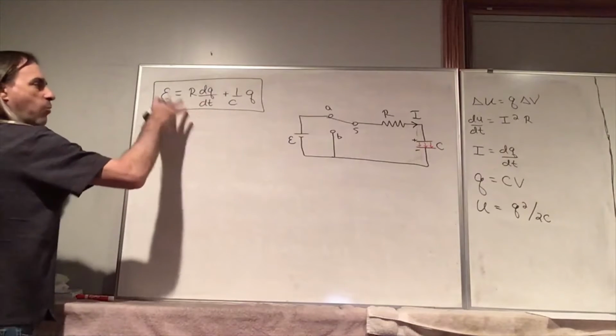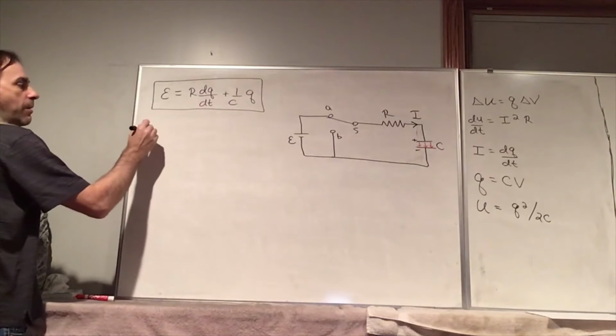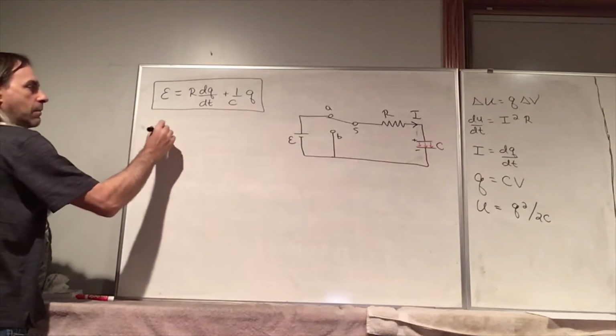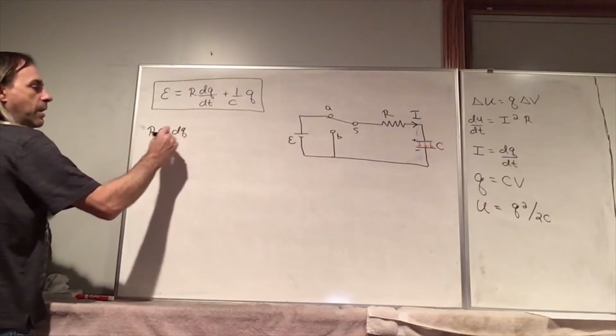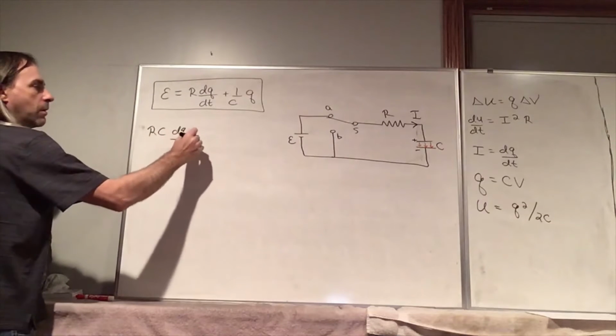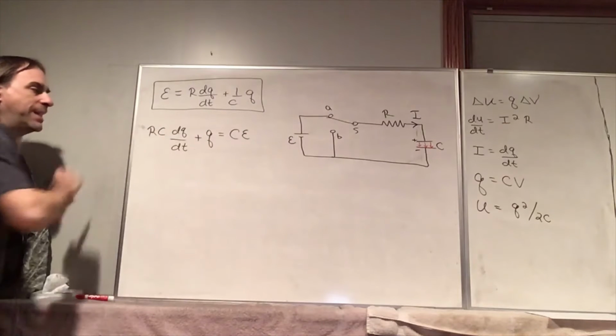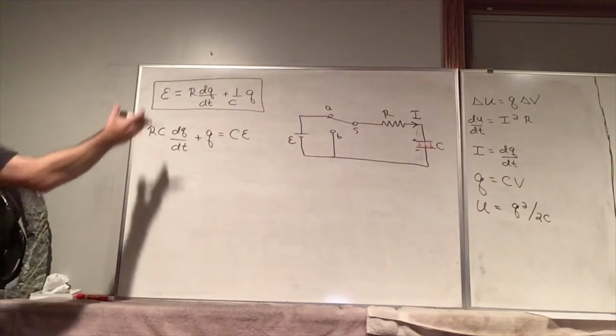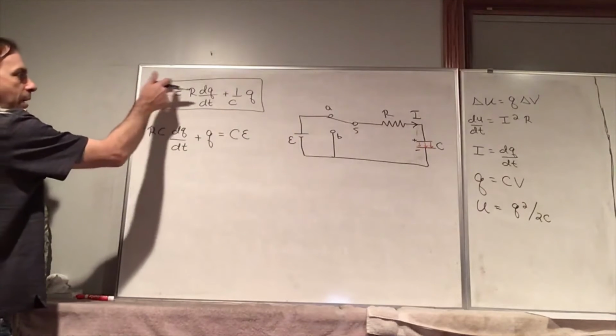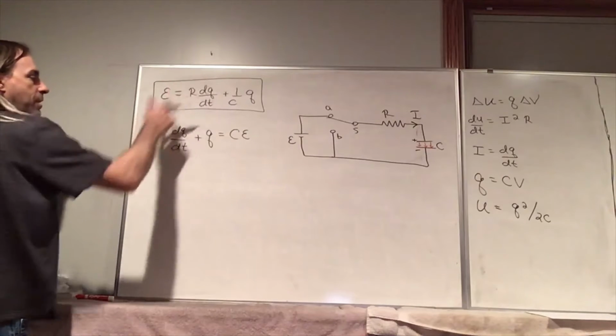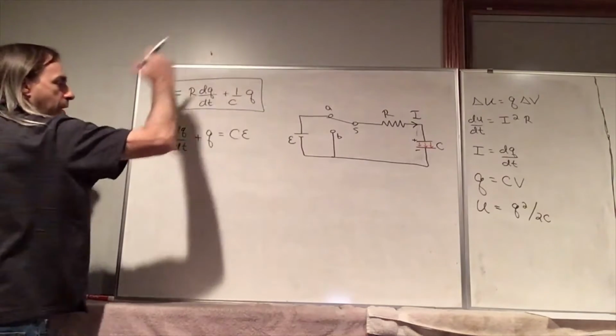I want to just rewrite some things. So we have RC times dq/dt plus Q equals C epsilon. So I multiplied everything by C. So we have C epsilon, here's RC times dq/dt, and then just Q.